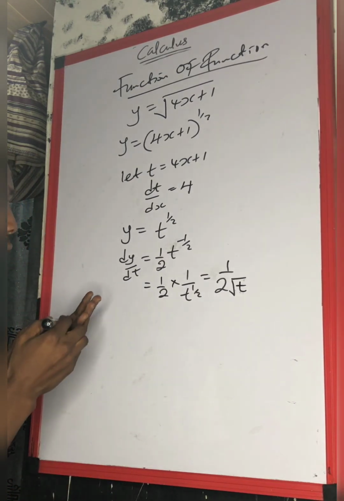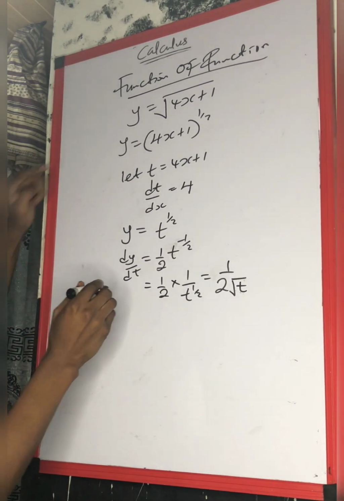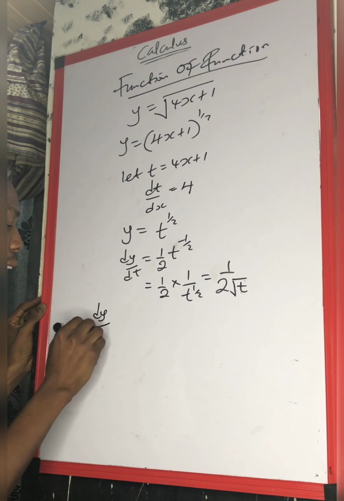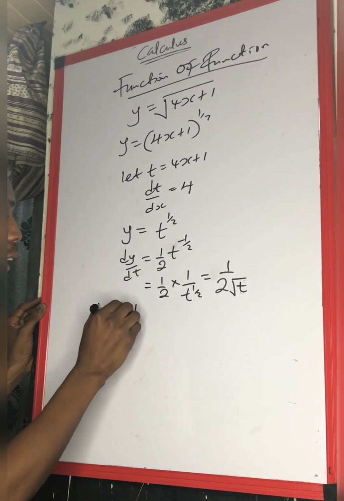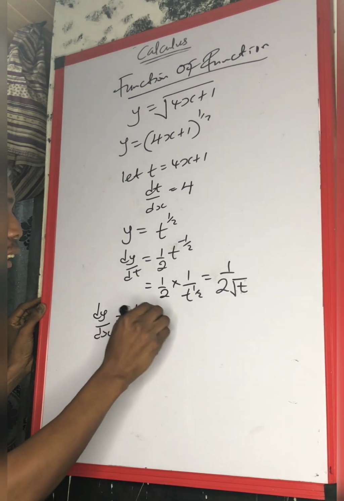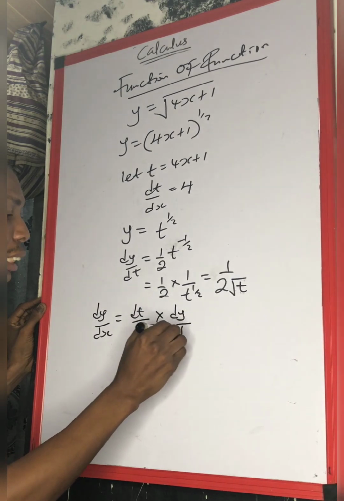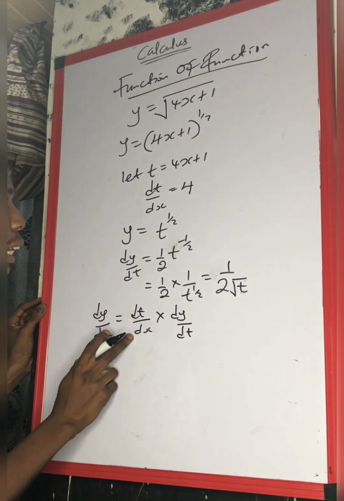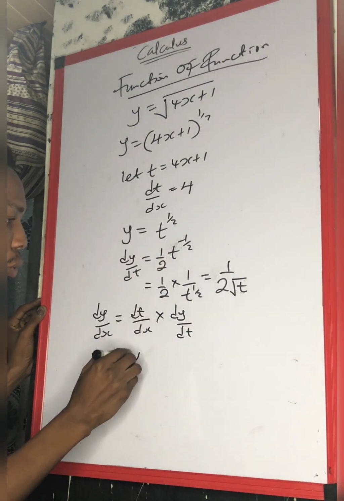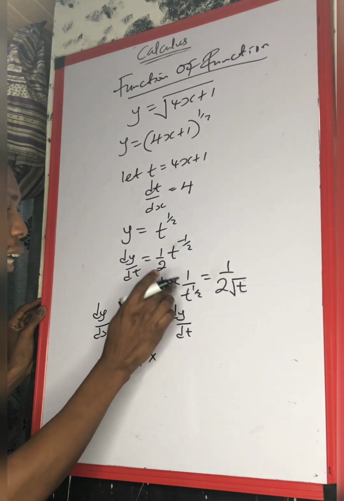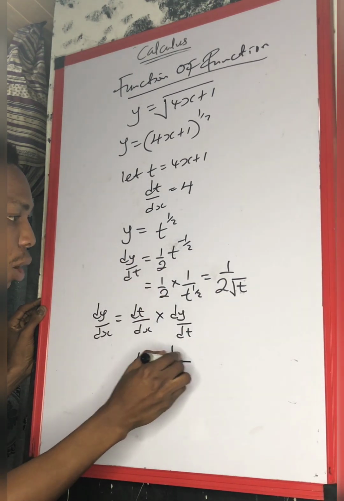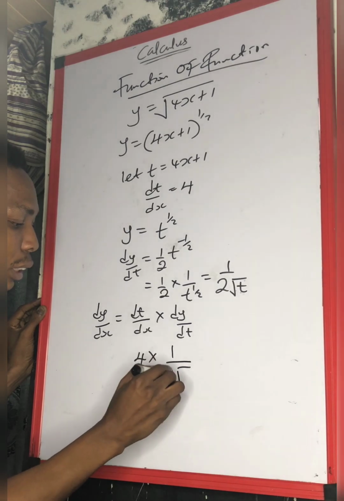So this time around, to get dy/dx, it becomes dt/dx times dy/dt. dt/dx is 4 times dy/dt, which is 1 all over 2 root t.